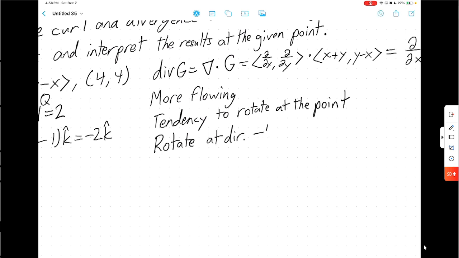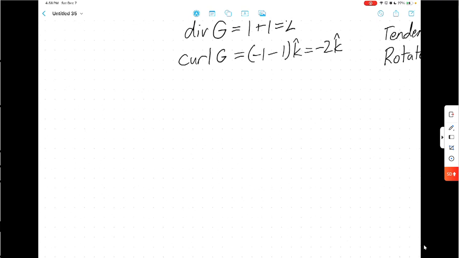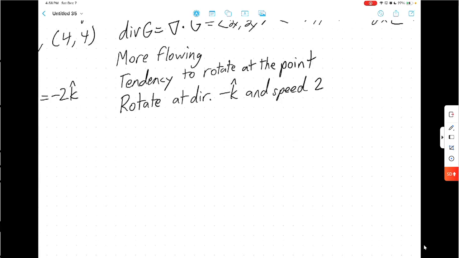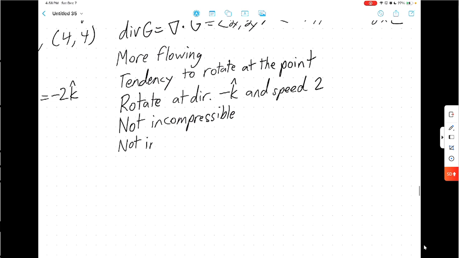So rotation direction is minus k and speed 2. And not incompressible and not irrotational.